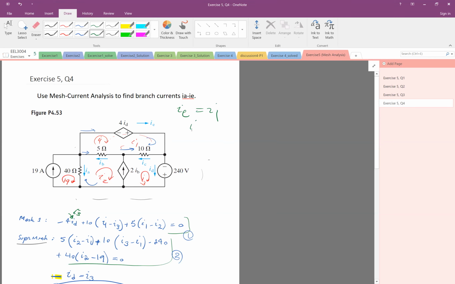IA is 19 minus I2. And then IB is I1 minus I2.